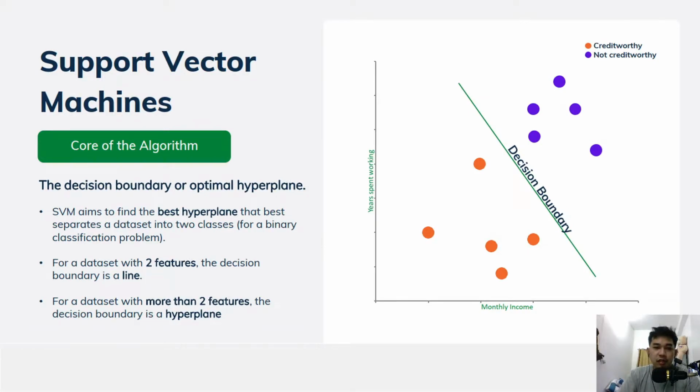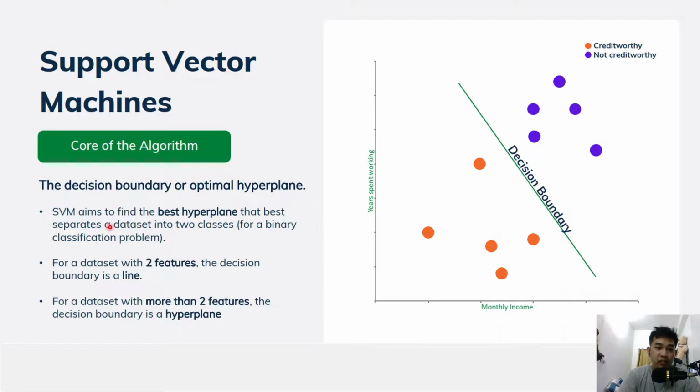Okay, so what is really the core of the algorithm? As you can see here in our diagram, we have a decision boundary. This is actually our objective: to find this decision boundary out of the instances in our dataset.